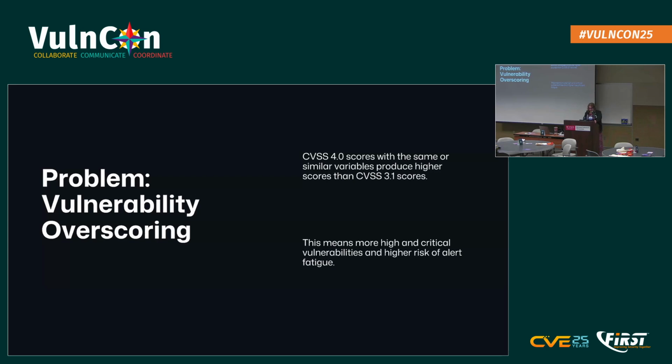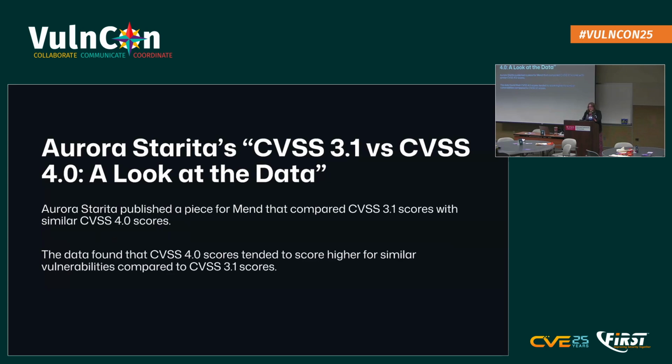In fact, there is a specific post that led me to think about how exploit maturity could help with this problem. It was a post on Mend by Aurora Starita, which is called "CVSS 3.1 versus CVSS 4.0: A Look at the Data." This is a comparison of CVSS 3.1 scores with similar CVSS 4.0 scores, which found that CVSS 4.0 scores tended to score higher for similar vulnerabilities compared to CVSS 3.1.